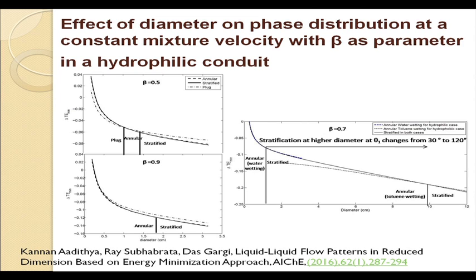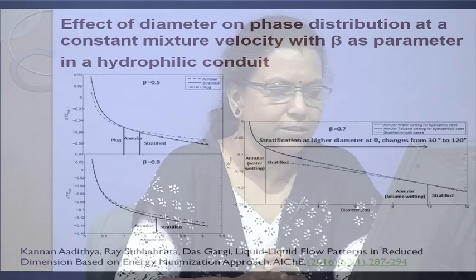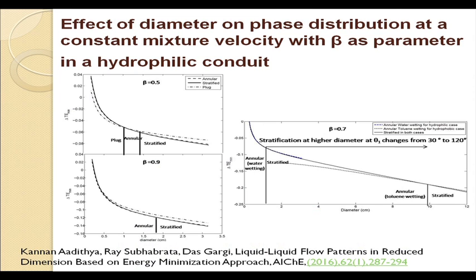And below the critical diameter, the plug and annular flows compete to be the energetically more privileged flow pattern. For low to moderate water fractions, the plug flow pattern is more stable, and for higher water fractions, the annular flow pattern is much more stable.